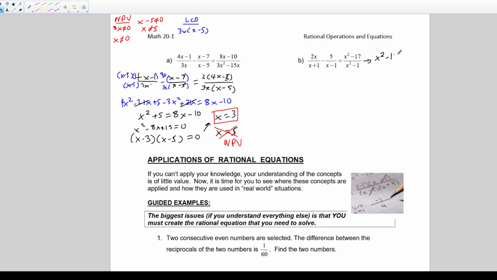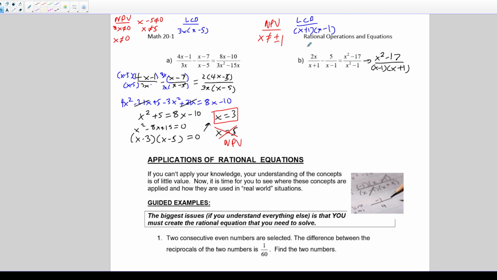as x squared minus 17. I can't do anything with that one. But on the bottom, this is going to be x minus 1, x plus 1. All right, so let's start off with our NPVs. We've got our NPVs of x cannot equal plus or minus 1. And then for our LCD, it's just going to be x plus 1, x minus 1.